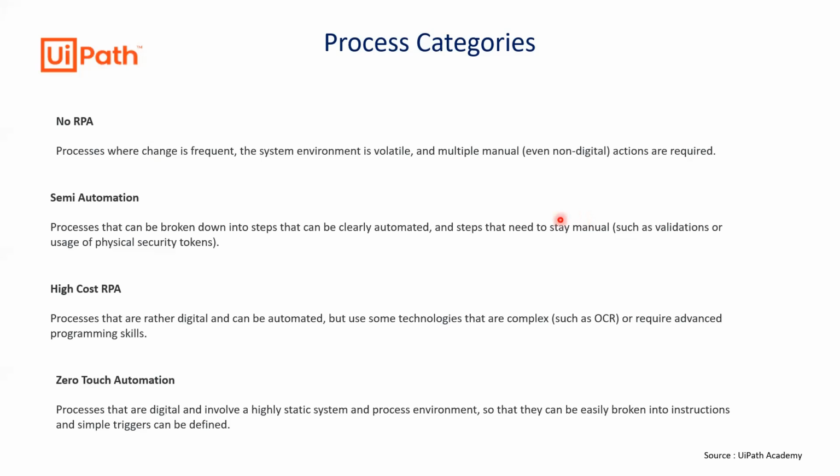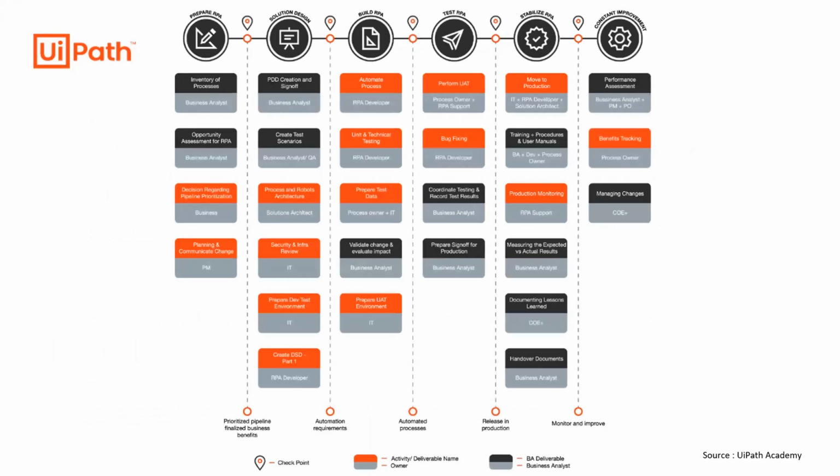Yeah, Mukesh, got it. Now, this is the slide, I think, which you were interested in, right? If you are looking at the screen, there are certain vertical sections which are created, which look something like this, right? So first one is prepare RPA. Second is solution design. So this is nothing but a typical RPA lifecycle, right?